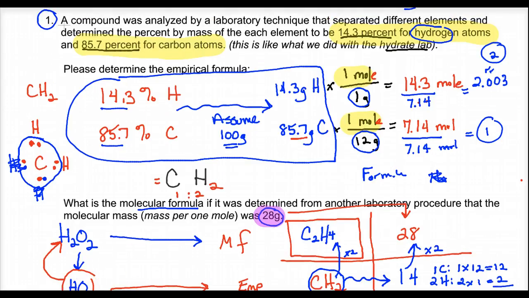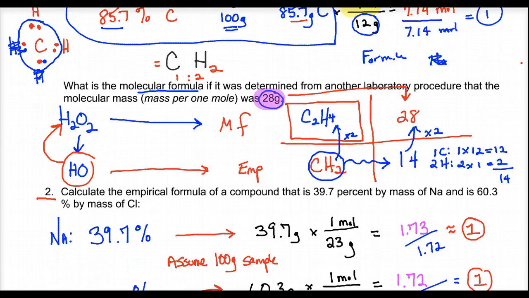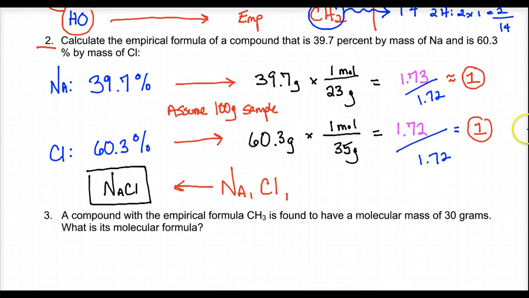Okay, I am back, and let's see what I got compared to what you have. So in number 2, I was given the percentages of each of these elements per mass. I got 39.7% sodium. That's what I have here.